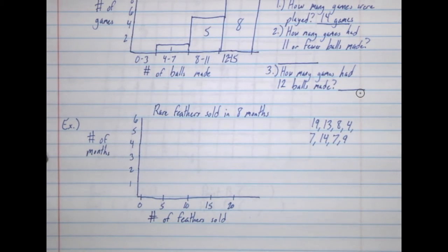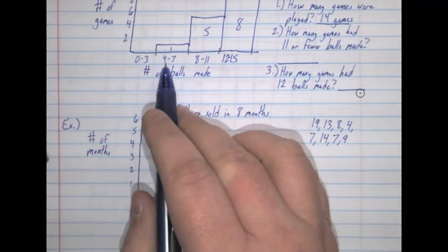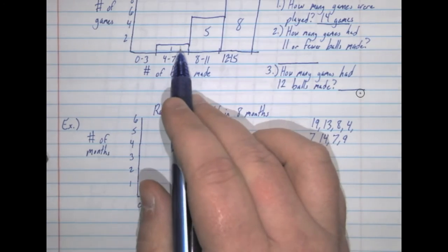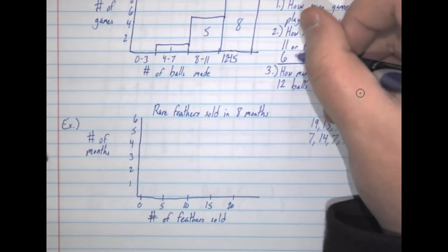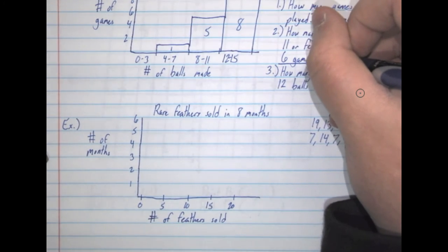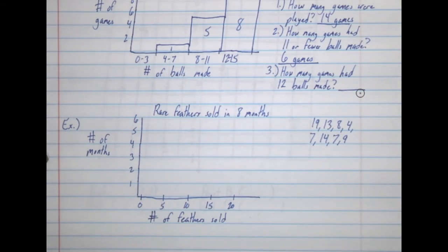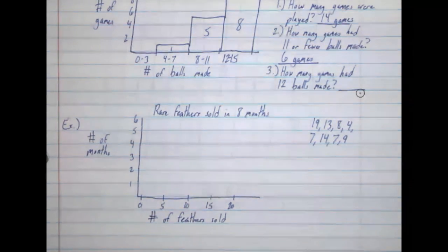So that is going to fall in that range we're looking for. And then we had 1 in 4 through 7. So that is also going to fall in that range. So we have a total of 6 games played where 11 or fewer balls were made.